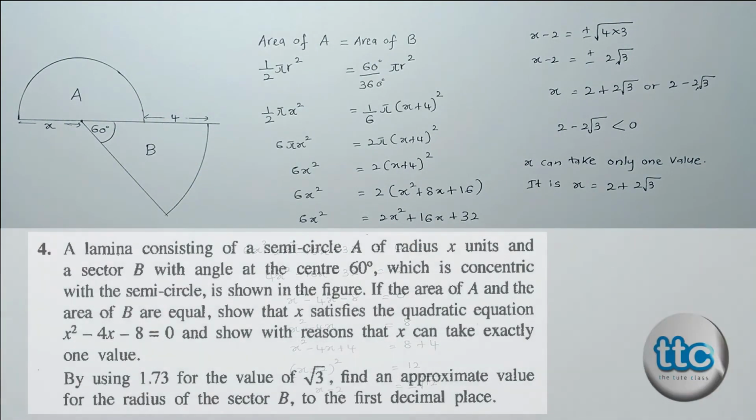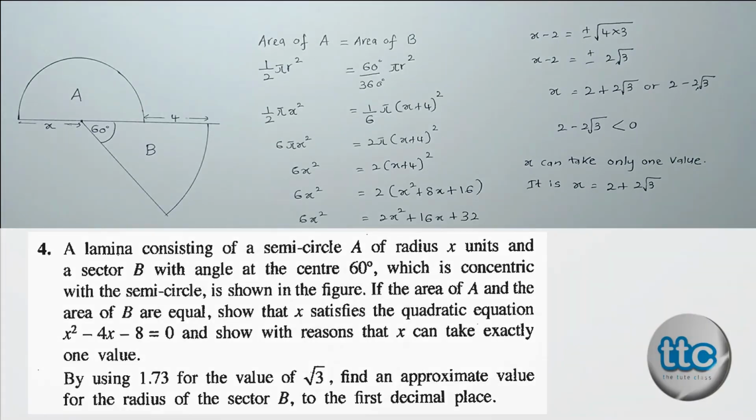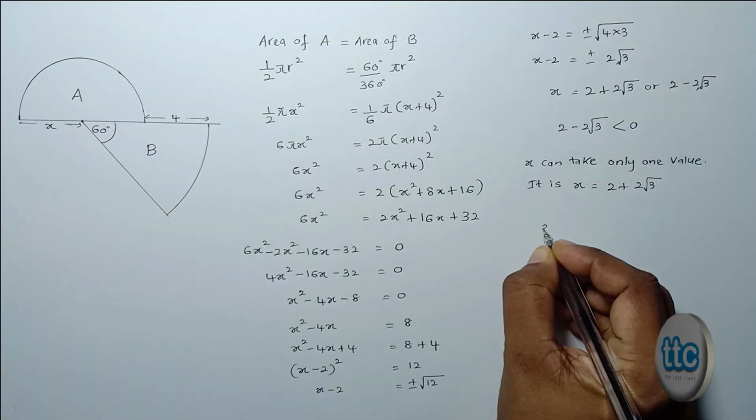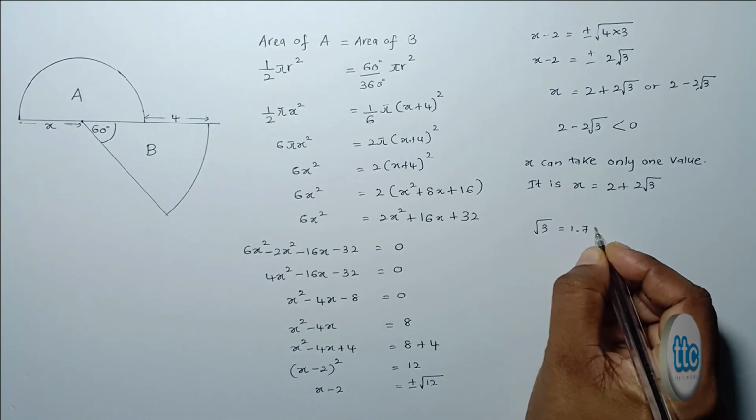The next part of the question. By using 1.73 for the value of root 3, find an approximate value for the radius of the sector B to the first decimal place. It is given in the question, root 3 equals 1.73.